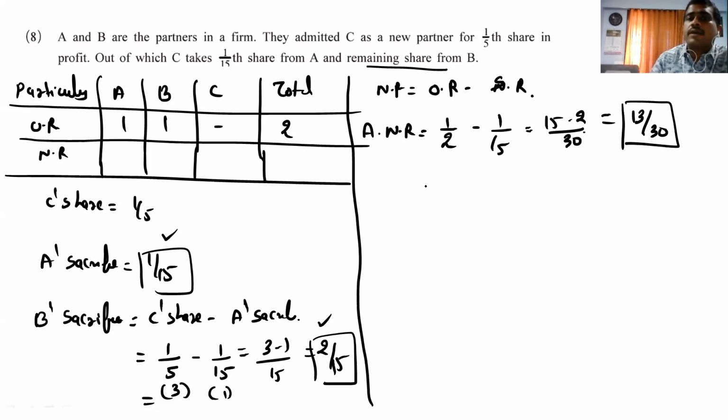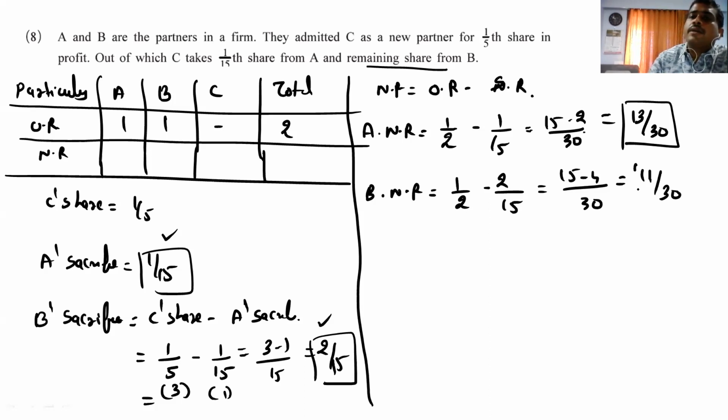Yes, 13 by 30. B's new ratio: 1 by 2 minus 2 by 15. Same way, 15 minus 4. 11 by 30.